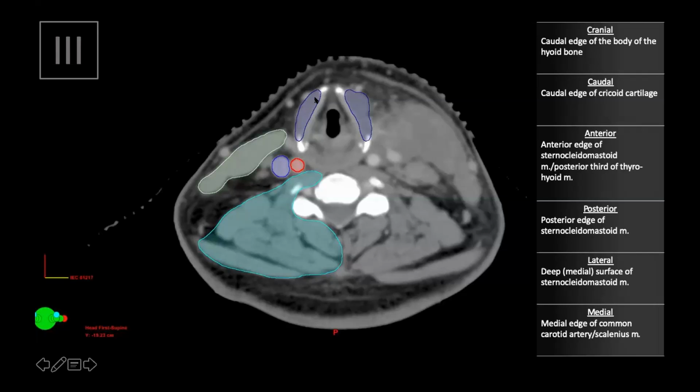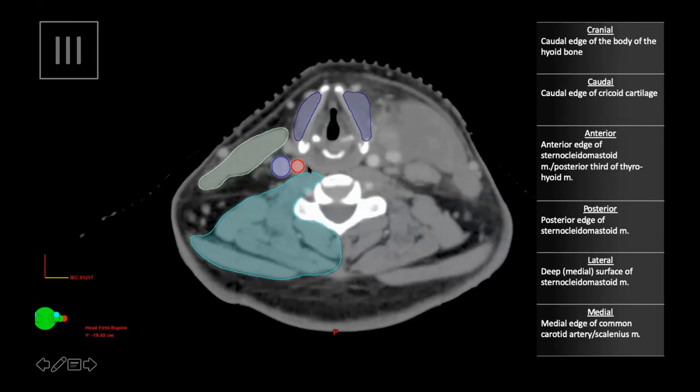So when we say posterior third of the thyrohyoid, where the sternohyoid inserts, the ridge that you can see over here approximately corresponds to that level. So anteriorly, you can include up to this cleft over here. It looks like a cleft, but it's not always very clear. It's more or less an approximate thing. So you come anteriorly up to here and include this space. So this is your level 3.